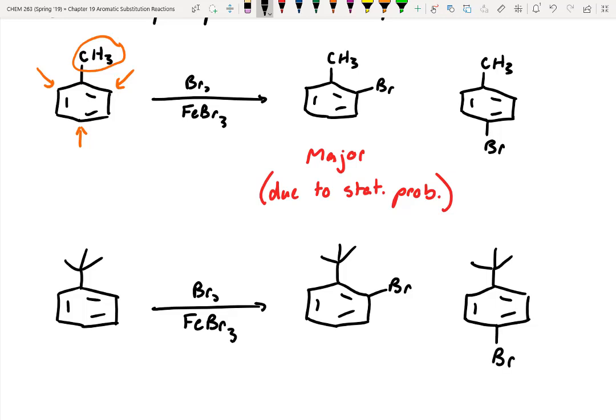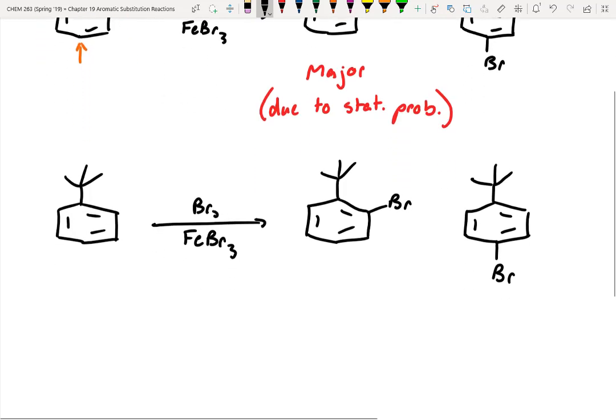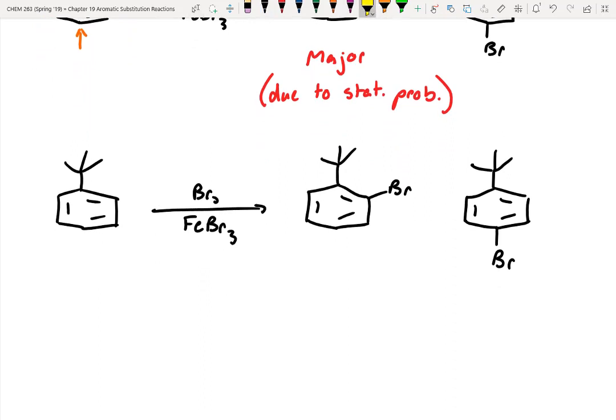All right, which one do you think is going to be major for this situation? Para. So this one is definitely going to favor para because in this situation, we are going to run into a considerable amount of steric clash between the bromine and the tert-butyl group. A tert-butyl group is massive compared to a methyl group. So this would be a major product on the right due to sterics.